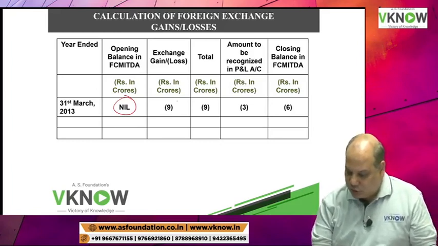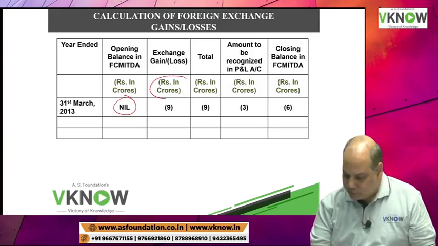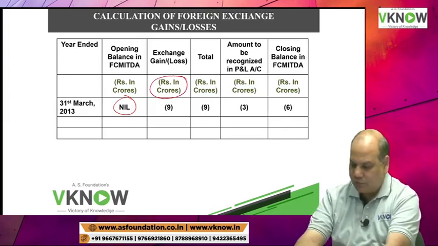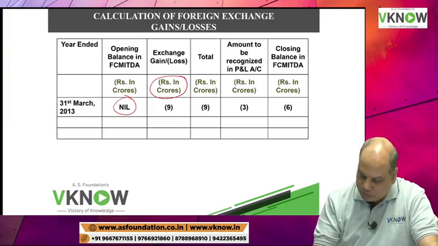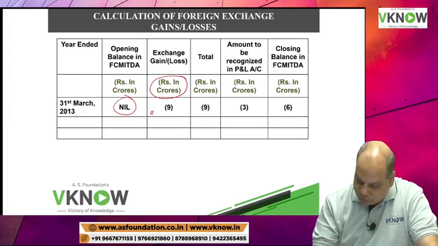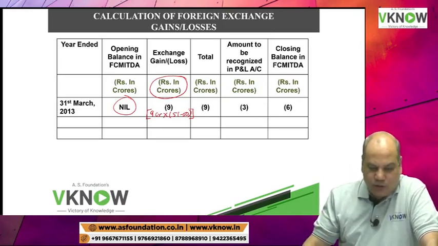And exchange loss we have calculated, rupees in crore, 9 crore. Why 9 crore? 9 crore dollar you have borrowed and the rate has gone up from 50 to 51.